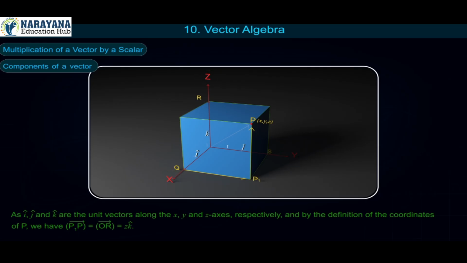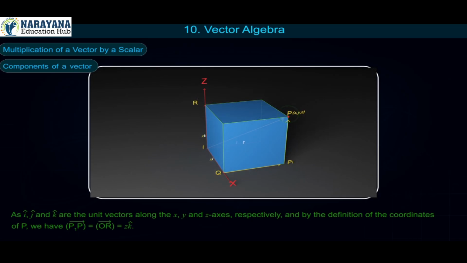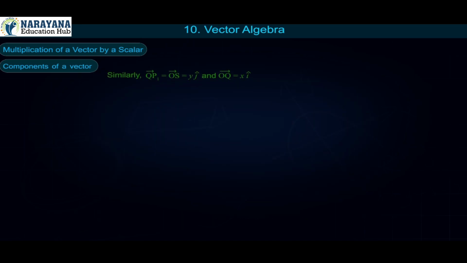And by the definition of the coordinates of P, we have vector P1P equals vector OR equals z k cap. Similarly, vector QP1 equals vector OS equals y j cap and vector OQ equals x i cap.